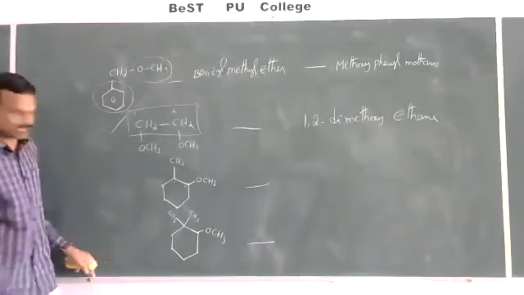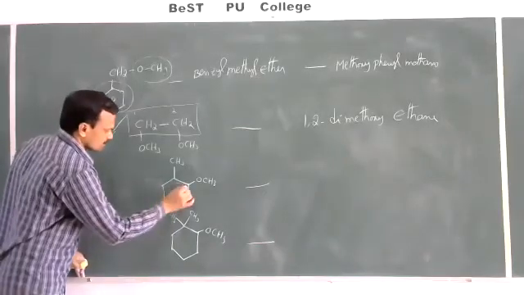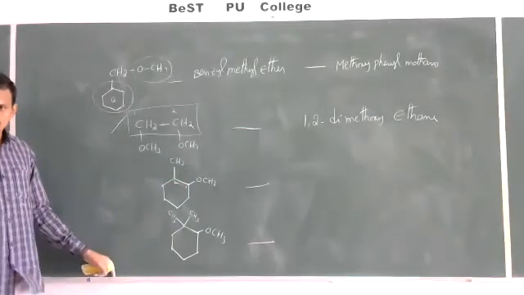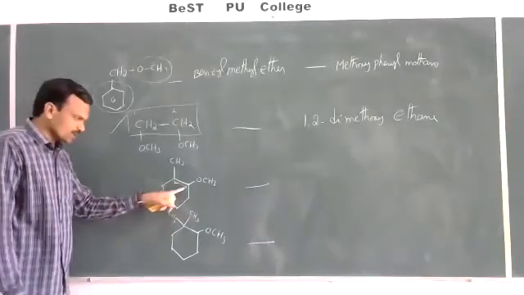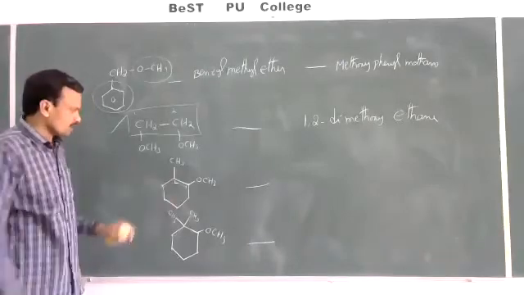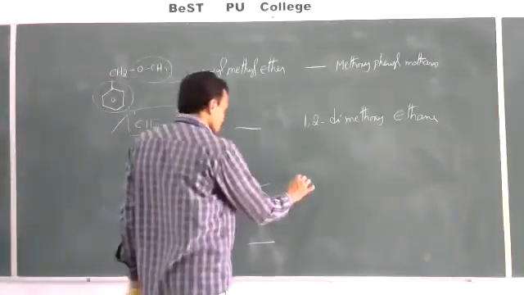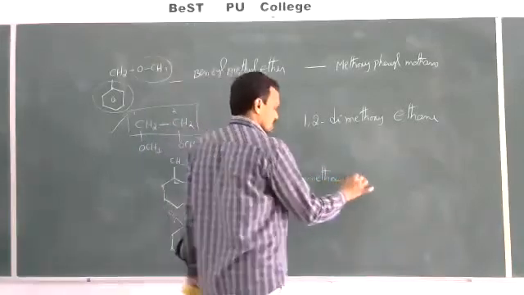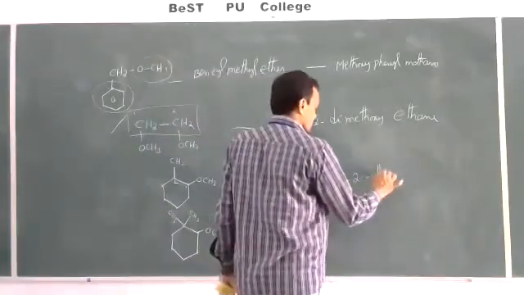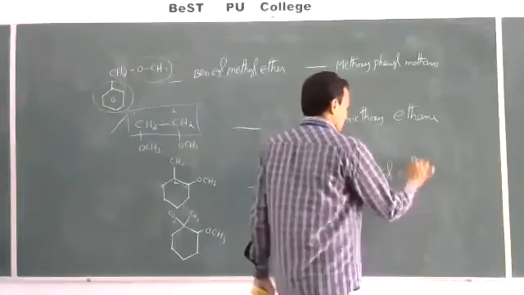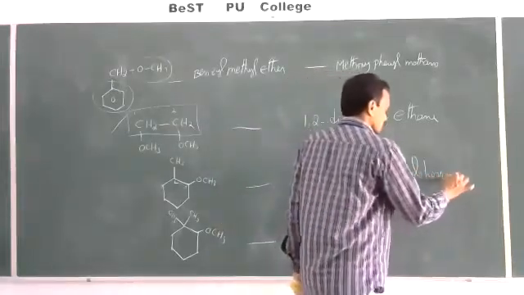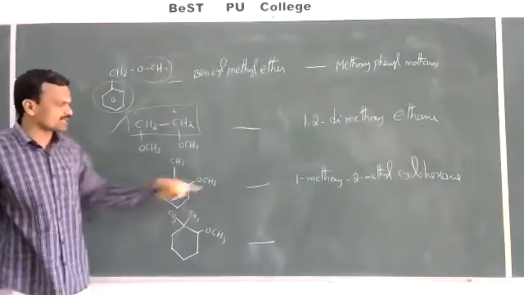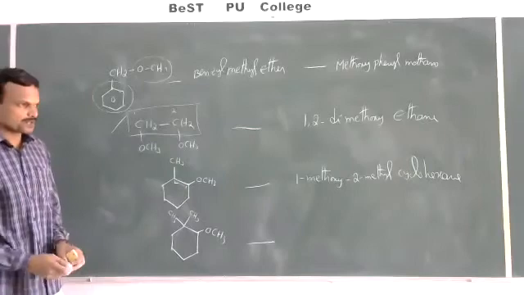Two possibilities are there. Otherwise, this should be 1, this should be 2. Okay. So 1 should be given here, 2 should be given here. Now this is named as 1-methoxy-2-methylcyclohexane. So 1-methoxy-2-methylcyclohexane, that is the IUPAC name.